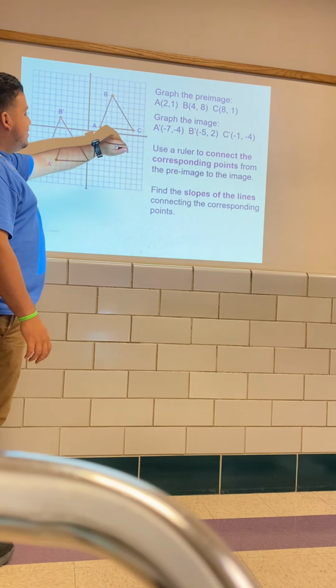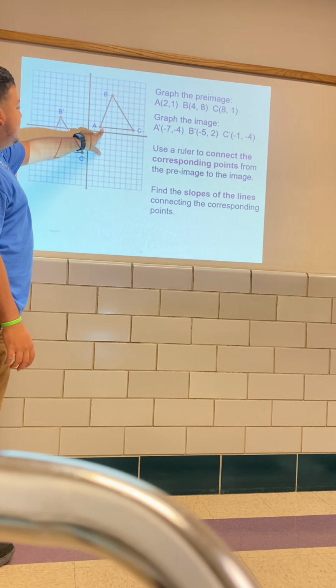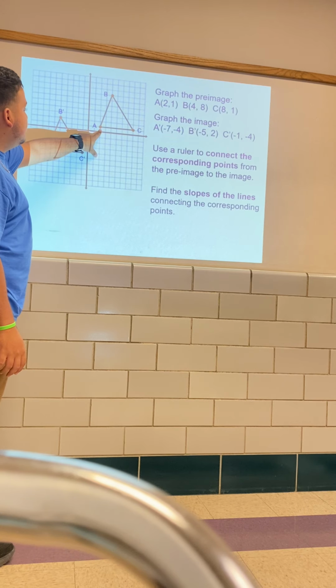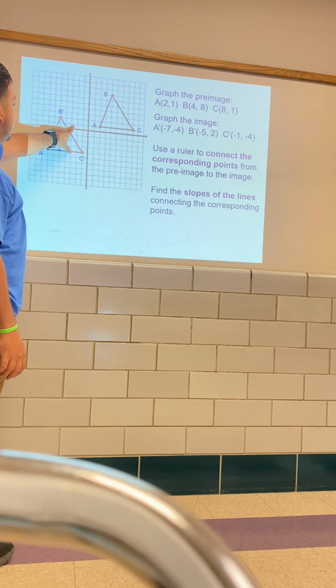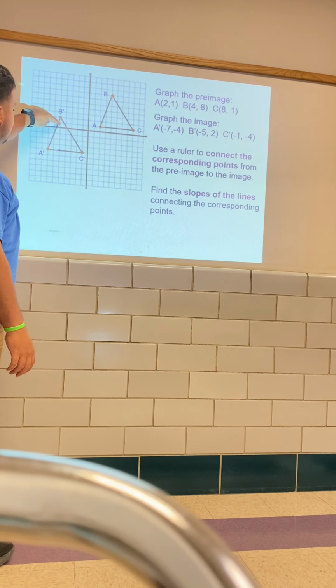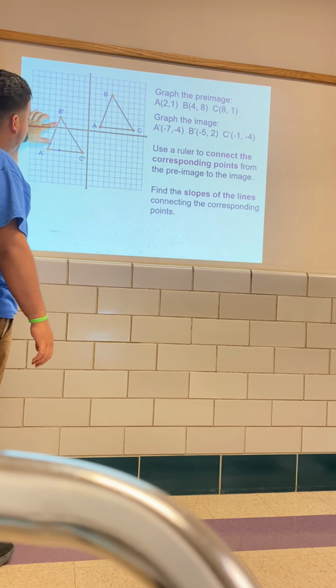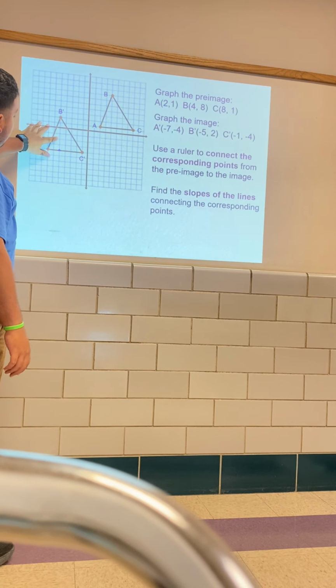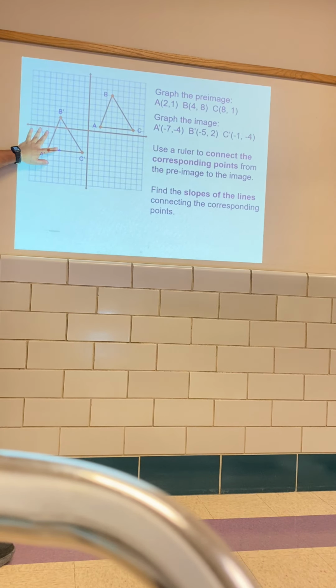It says A goes to (-7, -4), okay? So if we have A, it wants us to move 1, 2, 3, 4, 5, 6, 7. 7's right here, okay? And then move down 4. 1, 2, 3, 4, okay? And then B equals (-5, 2).